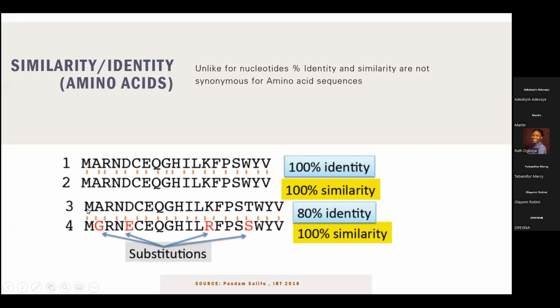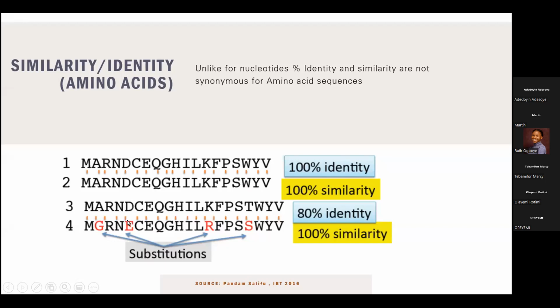Then the third sequence and the fourth sequence, these last two here, their identity has been tampered with. That's because where we have alanine, where we have aspartic acid, it has been substituted for glutamic acid here.